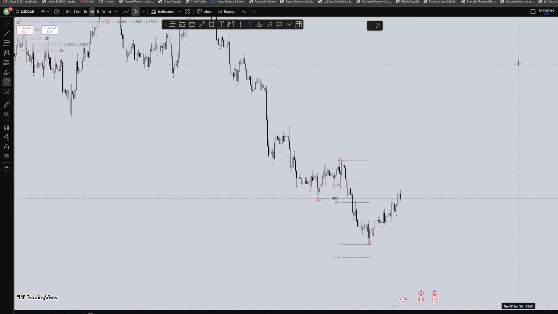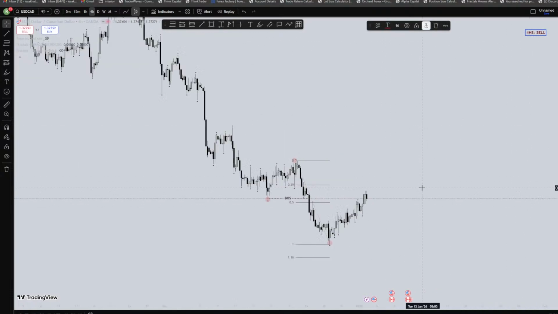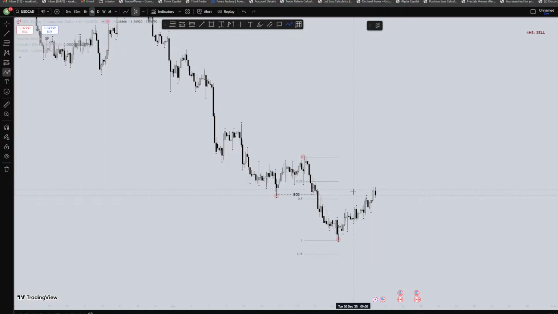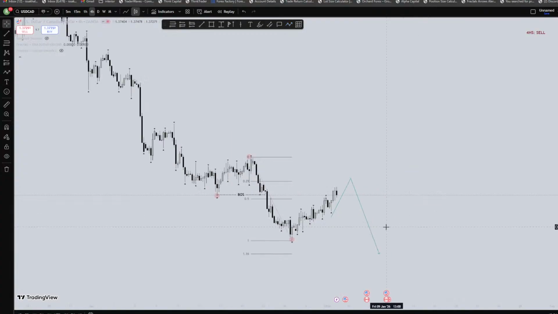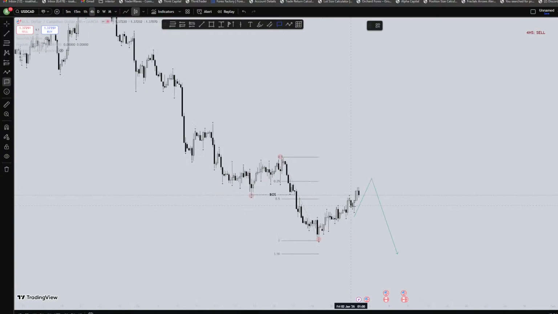So as you can see, we will have a sell, right? So we are basically waiting for price to come back, tap in, and go back down.